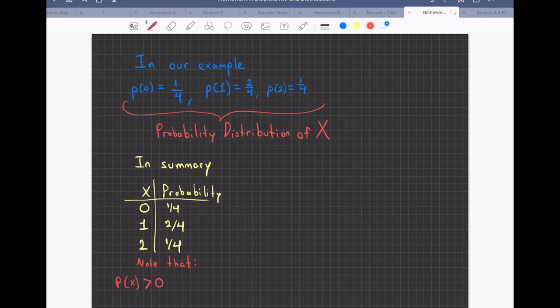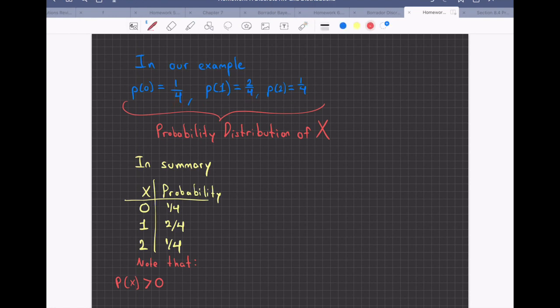Or maybe sometimes it might even be 0, but in our example, notice how p of x for any value of x, I mean 0, 1, or 2, always returns a positive number, 1/4, 2/4, and 1/4.